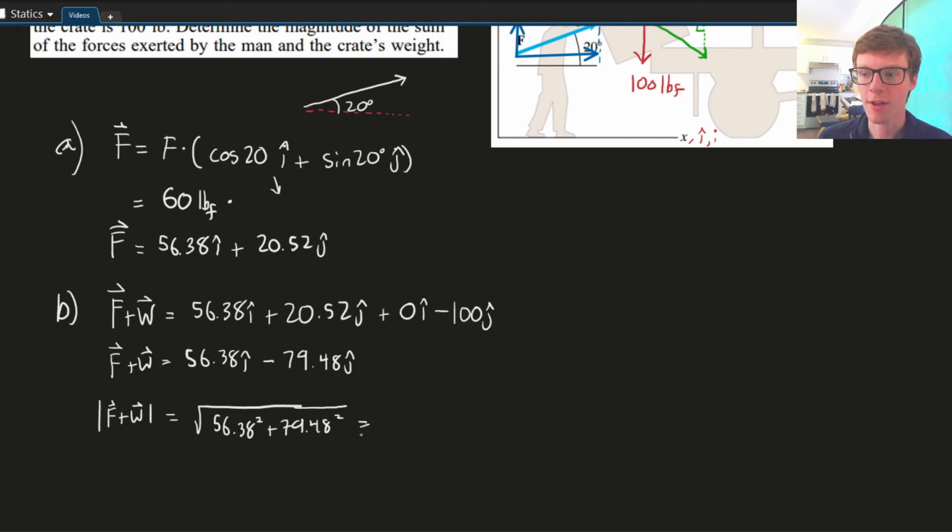Now I dropped the negative sign because if I added it, it would just be squared and it would disappear anyway. So because I'm lazy, I didn't add that negative sign in there. So our answer would be 97.4 pound-force. And there's our answer to the first problem.